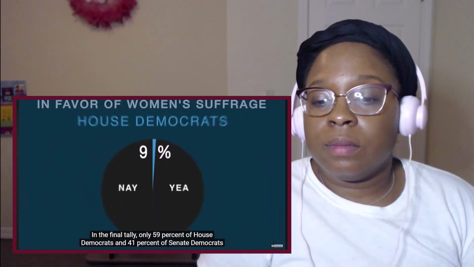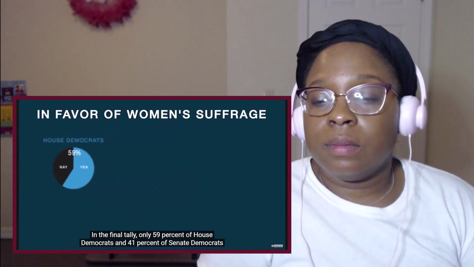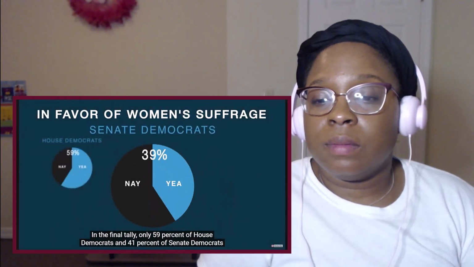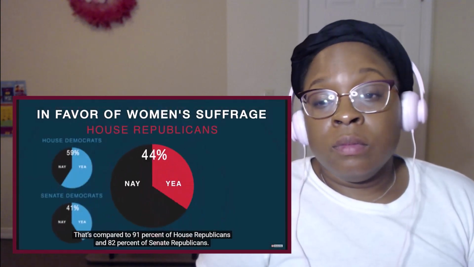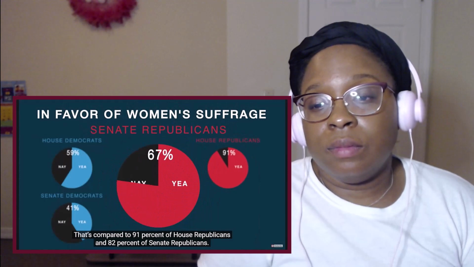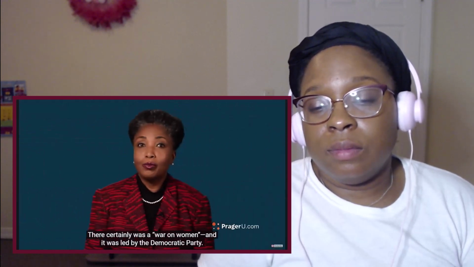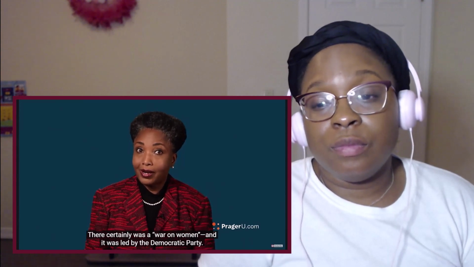In the final tally, only 59% of House Democrats and 41% of Senate Democrats supported women's suffrage. That's compared to 91% of House Republicans and 82% of Senate Republicans. There certainly was a war on women, and it was led by the Democratic Party.